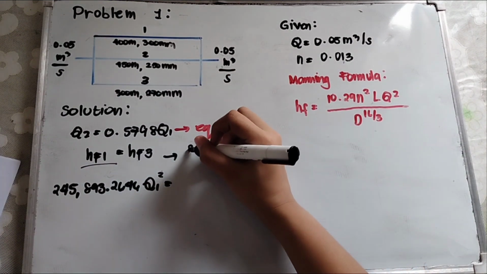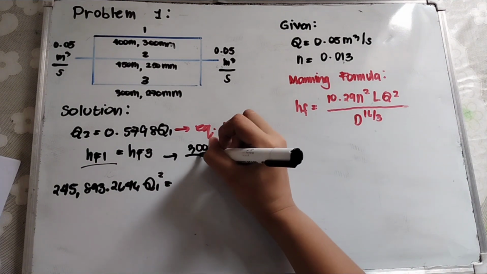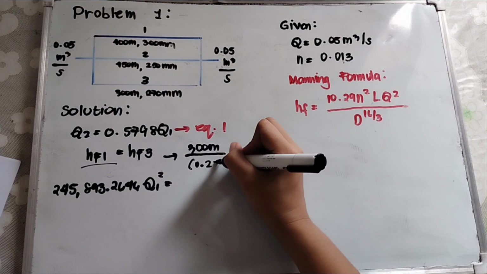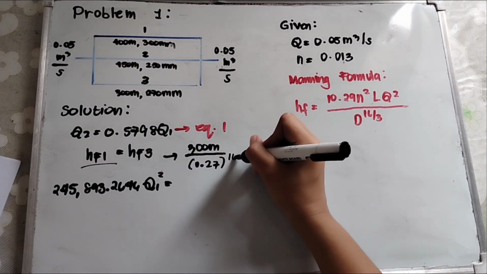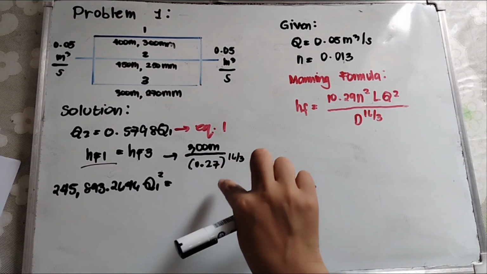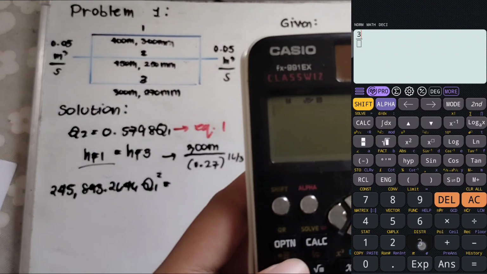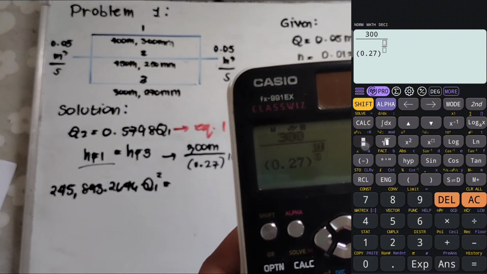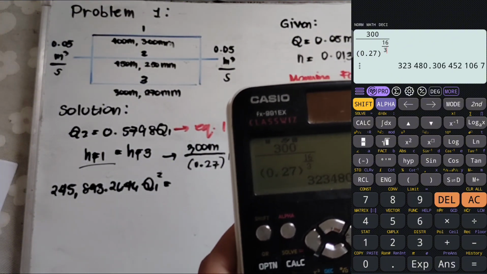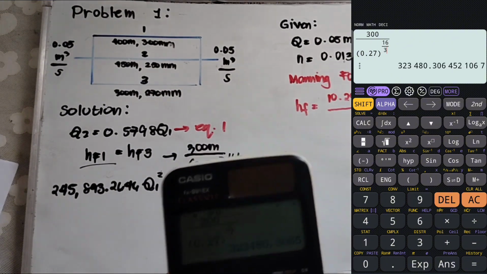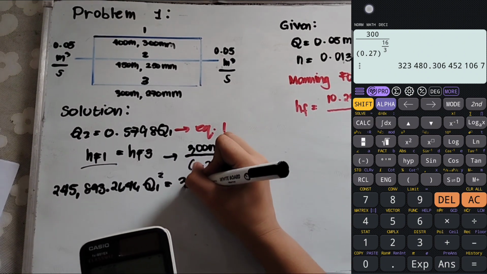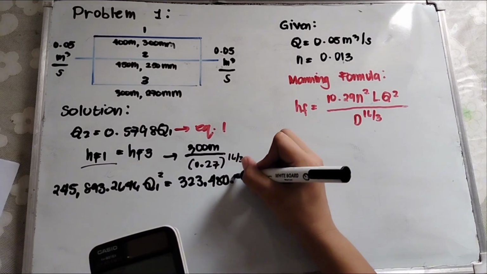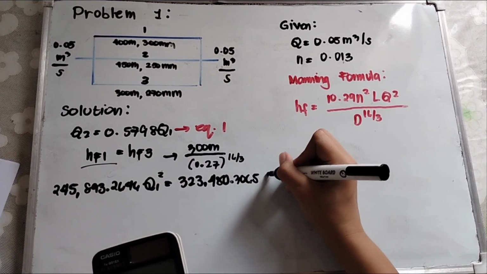So we just simply need to divide our length over our diameter, in which it is 300 over 0.27 raised to 16 over 3, in which we came up with an answer of 323,480.3065 Q sub 3 raised to 2.